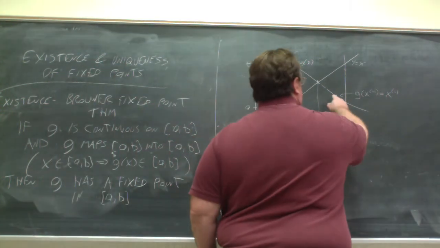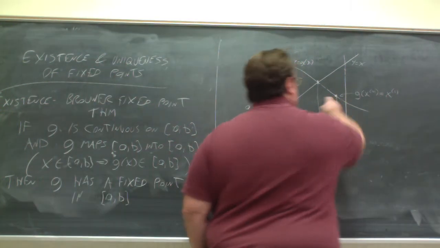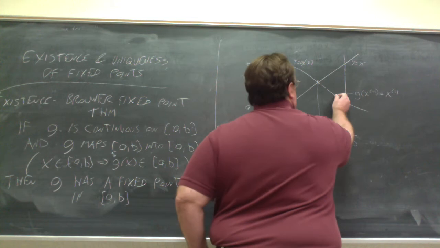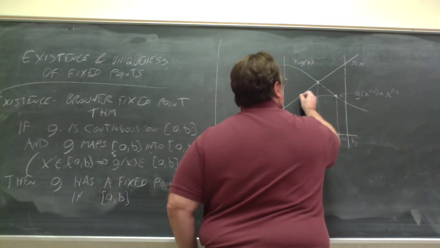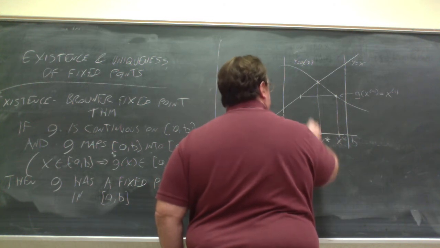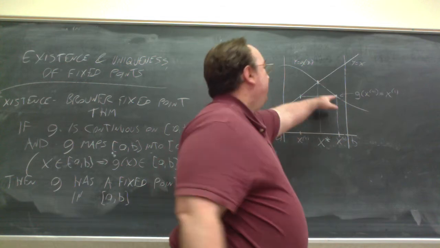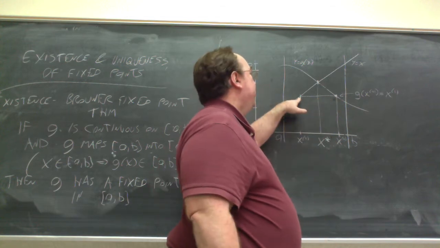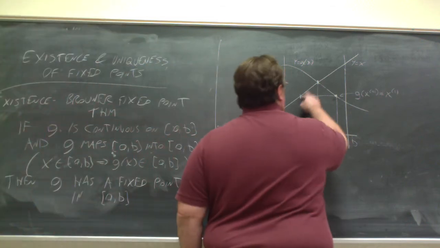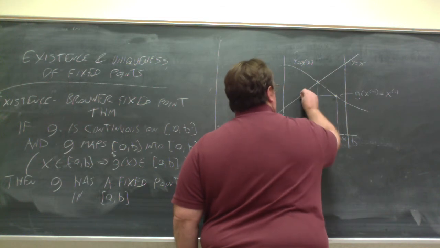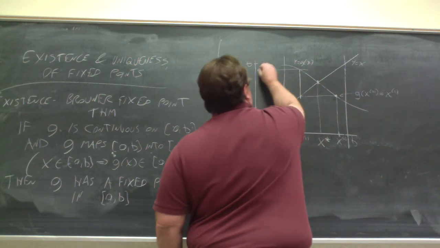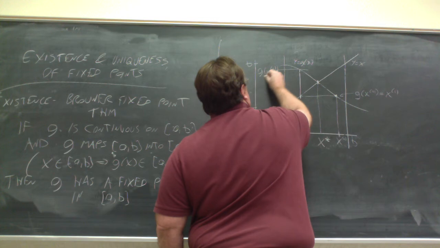So I'm going to transfer this y value to be an x value, and the way I'll do that is I'm going to draw a line over to the graph of y equals x, because now this is x equal to x1. Now to plug this into g, I go along this vertical line to the graph of g. So this right here is g of x1, which is x2.